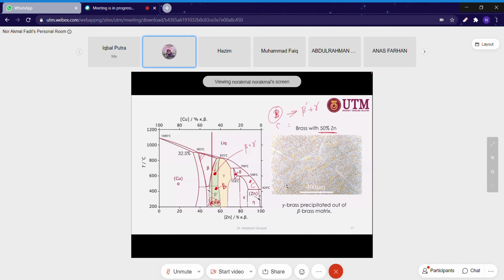Delta is here, I made a mistake. What are the phases present at point C? Do you see where I drew C? This is C. Okay, the composition of zinc is 90%, and the temperature is about 500 degrees Celsius. So what are the phases at point C?